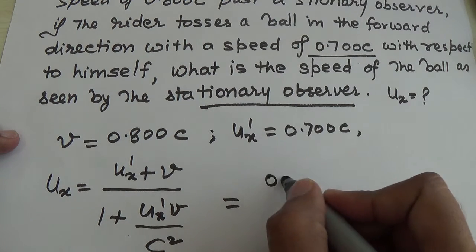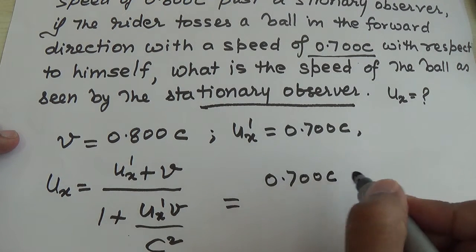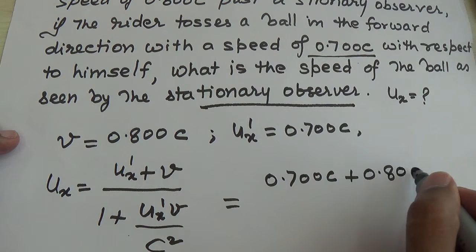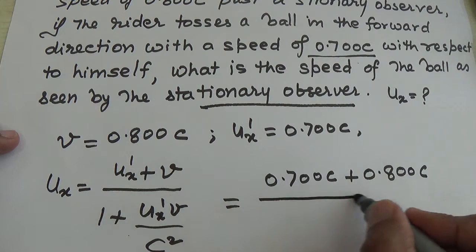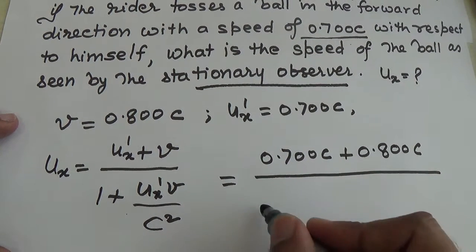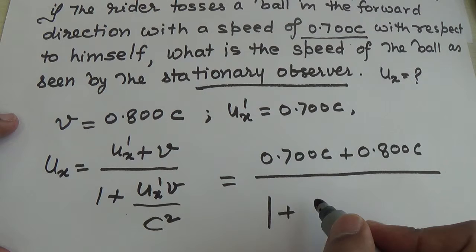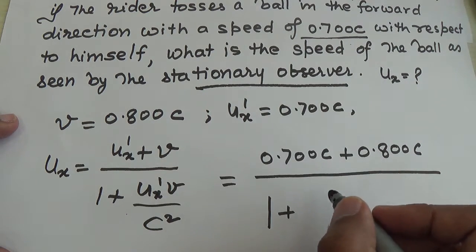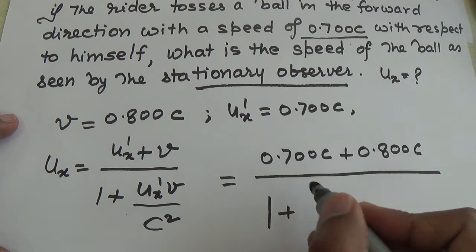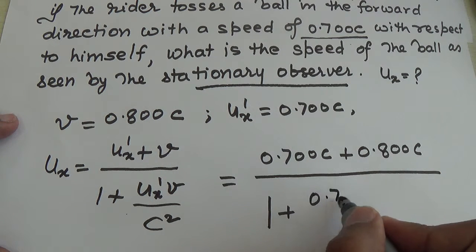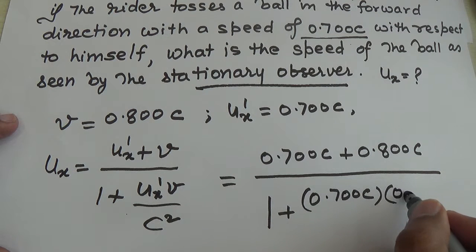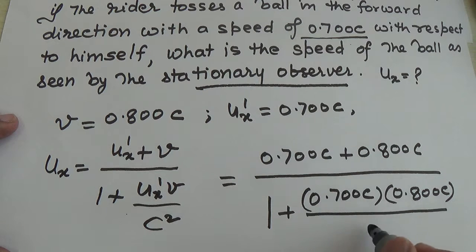ux prime is equal to 0.700 c, plus v is equal to 0.800 c, and further in the denominator, 1 plus ux prime times v, that is 0.700 c multiplied by 0.800 c, divided by c square.